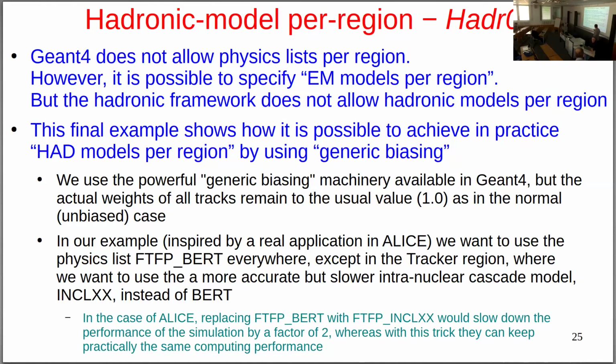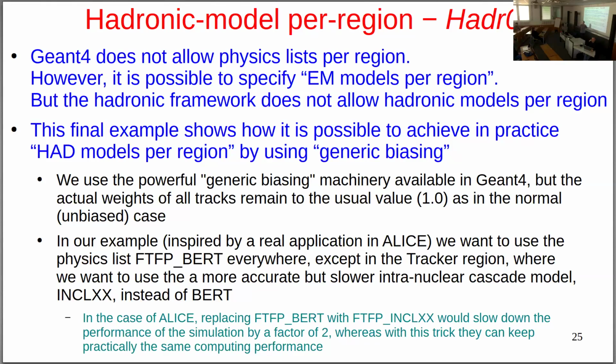So by using this trick of generic biasing, they get exactly what they want, a more detailed description in the tracker part by using INCL, but for the rest of the detector, they were using FTF BERT, essentially without any CPU overhead. And by the way, here, the weights remain 1.